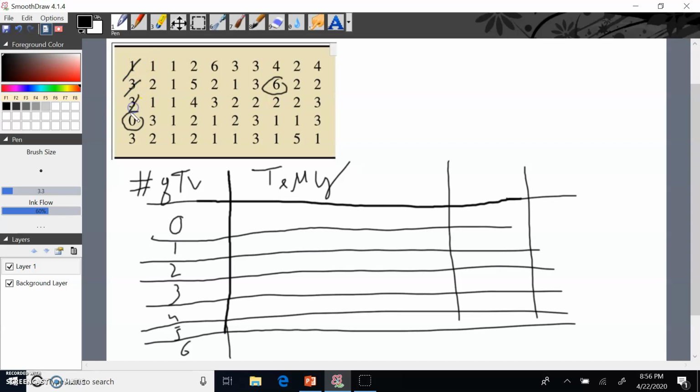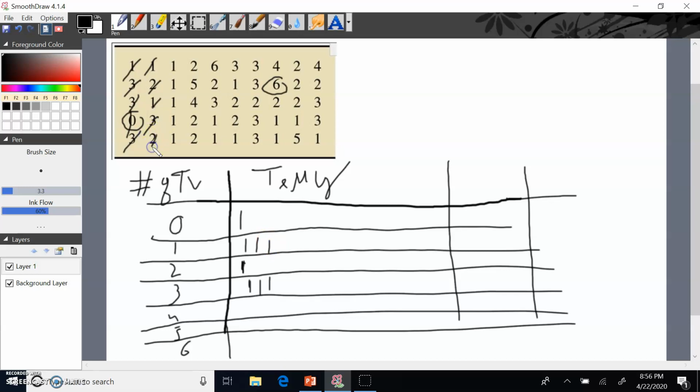1, 3, 3. It's a 0 and a 3. It's a 1, 2, 1. It's a 1, 2, 2, 1.